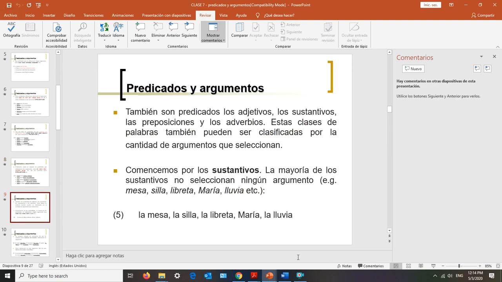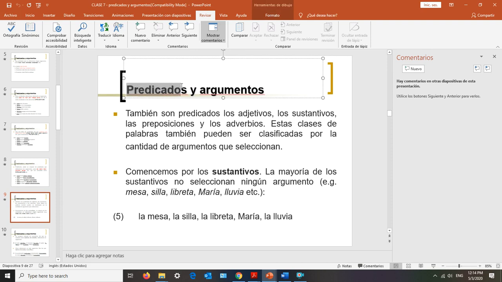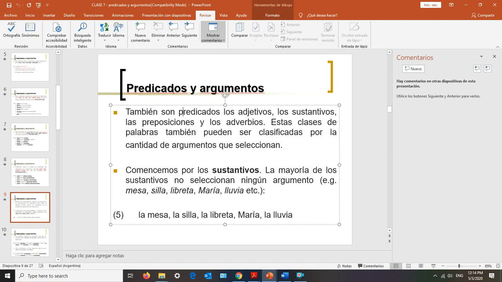Now, as we saw last week, or in a previous video class, when talking about semantic predicates and the theory that relates predicates and their arguments, we know that it's not just verbs that can function as predicators in simple sentences, but also adjectives, also nouns, prepositions, adverbs, right?